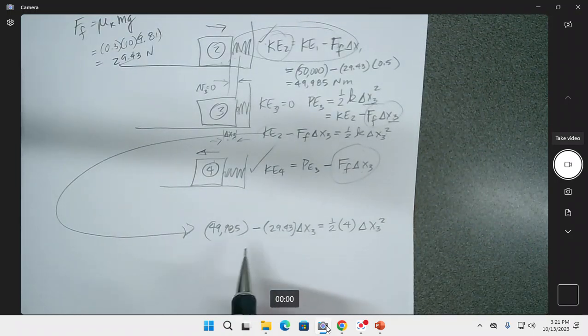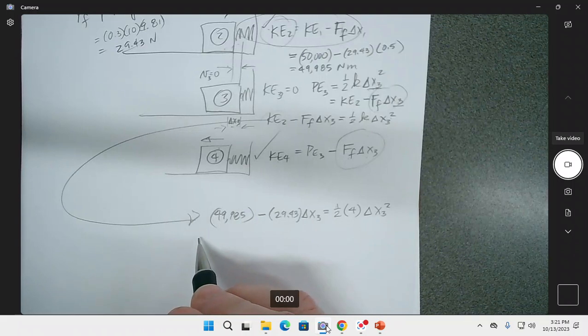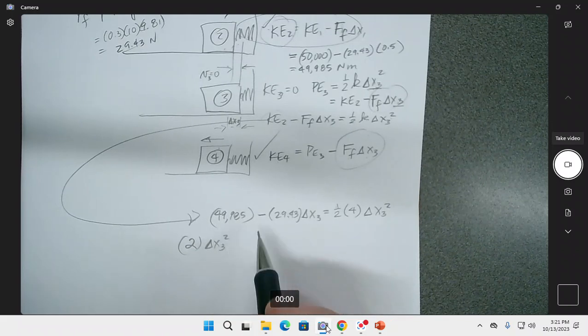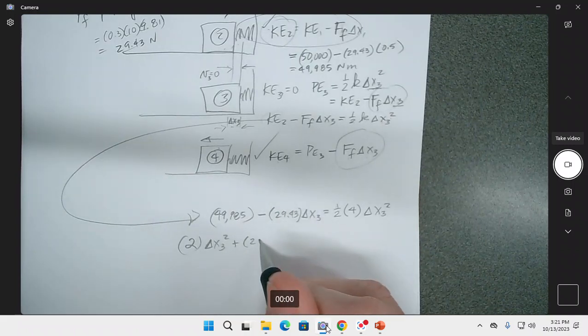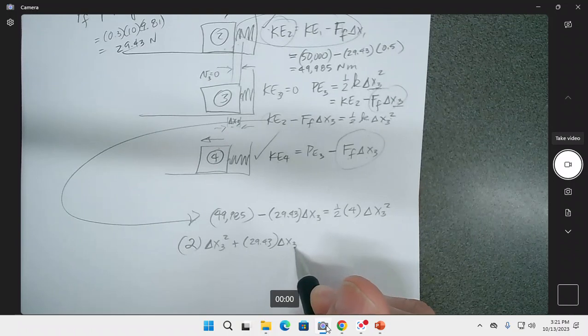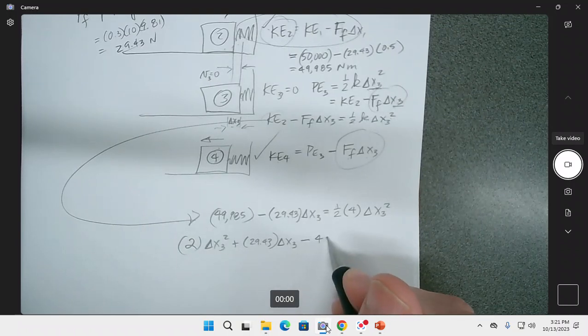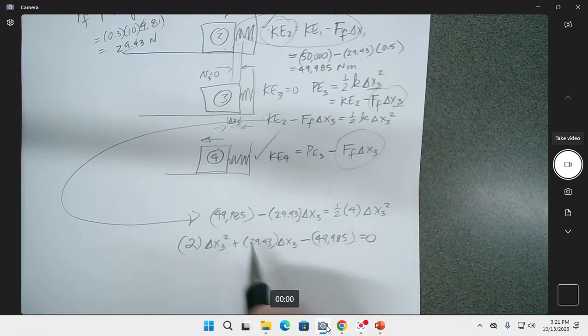So basically, we're going to have the quadratic of 2 times delta X3 squared plus, because it's going to go on the other side, 29.43 delta X3, and then minus 49,985 equals 0.